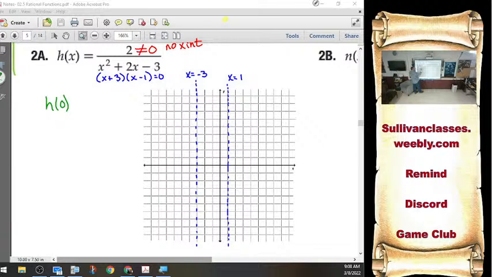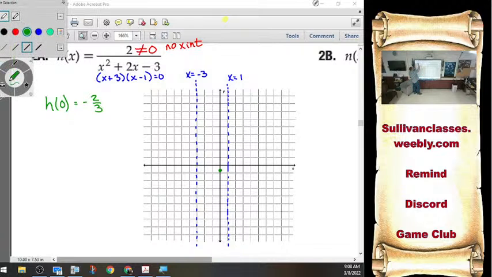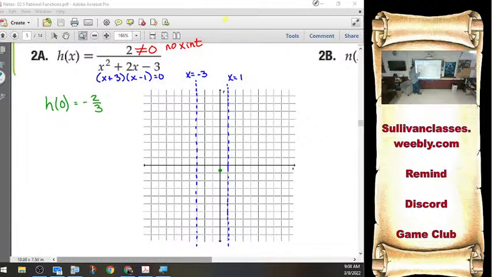If I plug in a 0, I get -2/3 for a y-intercept. And my rules tell me, since n is less than m, y equals 0 is going to be my horizontal asymptote.